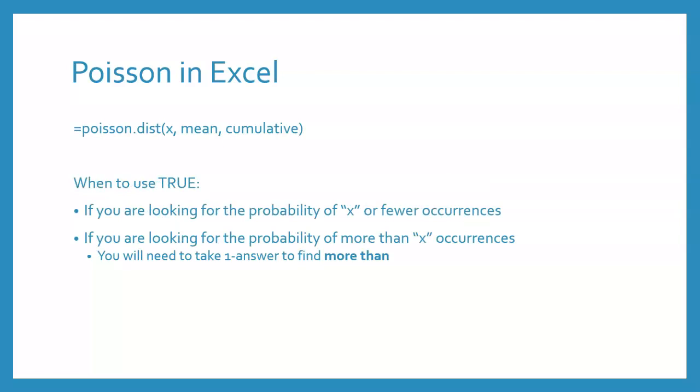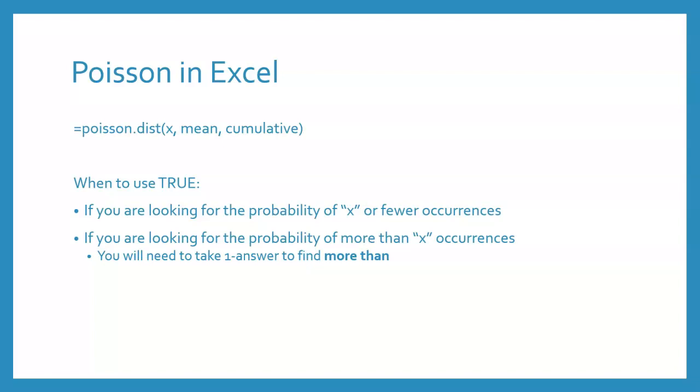When we use true, what that's going to give us is the probability of our X or fewer. So if we put 10 in as our X and then typed in true for cumulative, that would give us the probability of 10 or fewer customers.